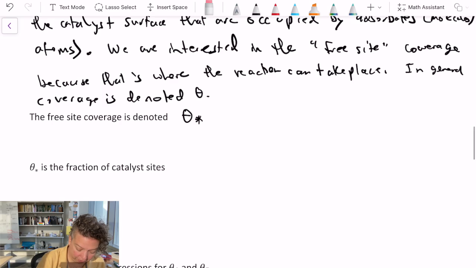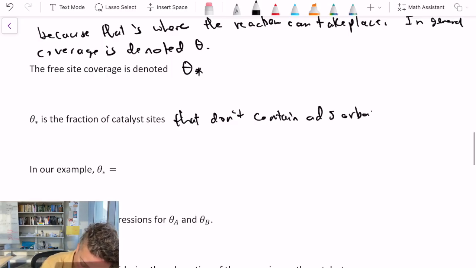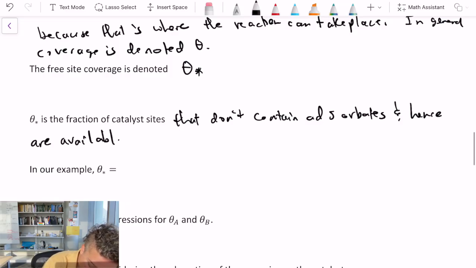And what the free site coverage is, is the fraction of catalyst sites that don't contain adsorbates and hence are available to carry out or catalyze the reaction.